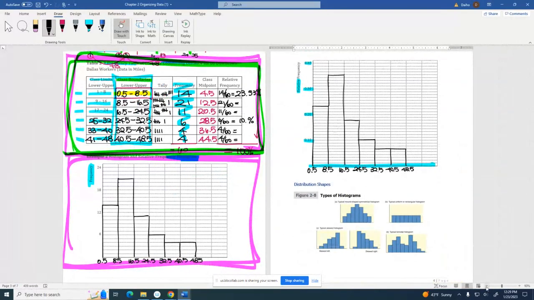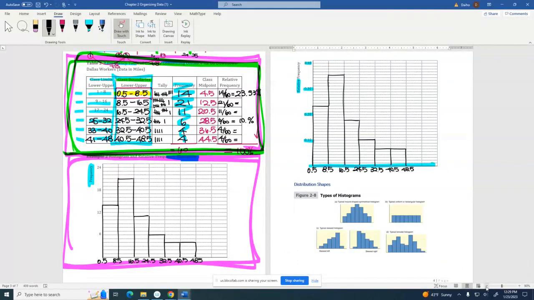It was a histogram with the frequencies, and another histogram with the relative frequencies. What can you see? Exactly the same. Why? Why are they exactly the same? It's from the same data.